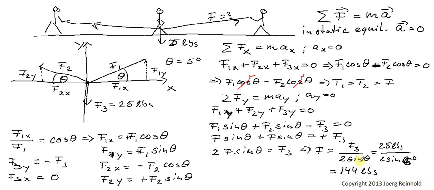Let's look at an example. What would it be for theta equals 90 degrees? This means the students pull straight up, so they're both pulling up, and I just push down.